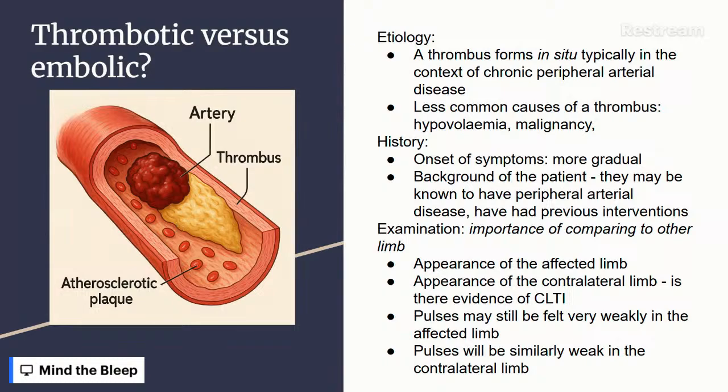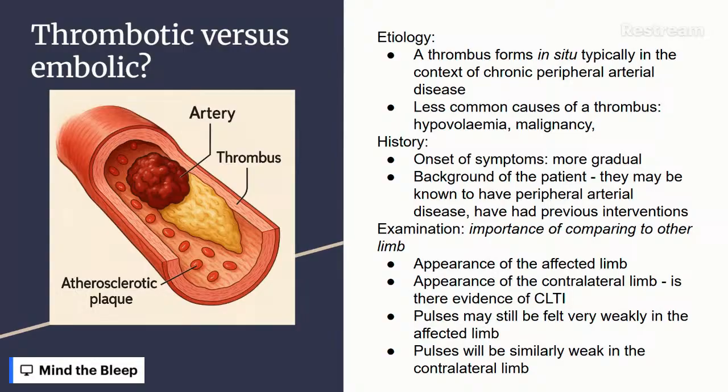There's a plaque there, and essentially, because that's like a prothrombotic surface, if you're thinking about Virchow's triad, you're going to have a thrombus forming here, and if that thrombus occludes the artery, then from that point distally, you're going to have acute limb ischemia because the blood supply has been completely cut off.